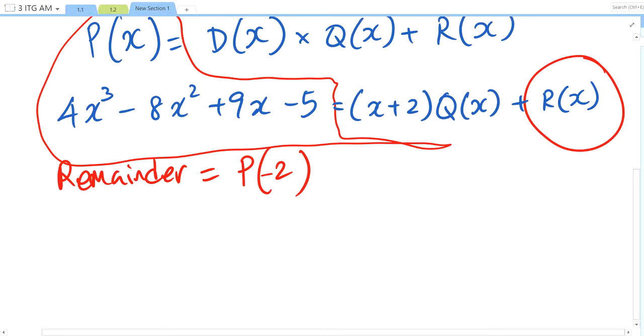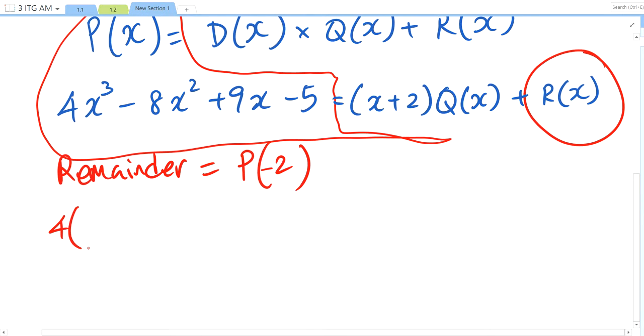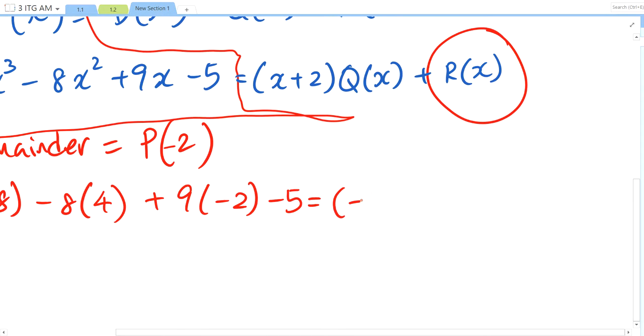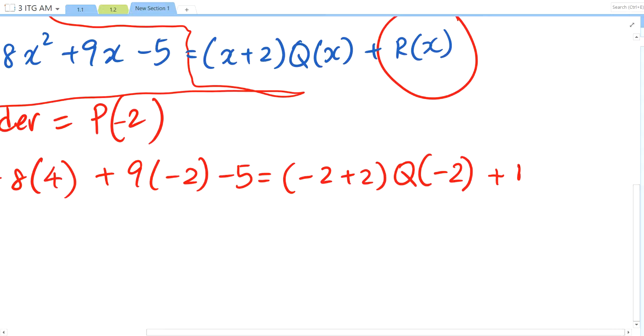Let's see what happens. 4 times negative 2 to the power of 3 is negative 8. Minus 8 times negative 2 to the power 2, which is 4. Plus 9 times negative 2 minus 5. Okay, I don't skip steps yet. Equals negative 2 plus 2 times Q with a negative 2 over here, plus the remainder, right? Let me just write down remainder.